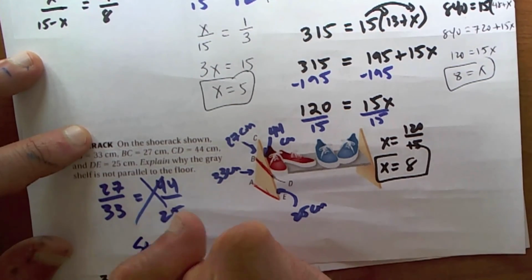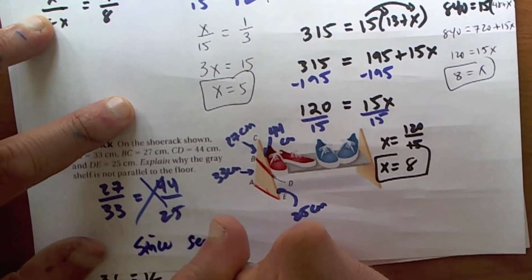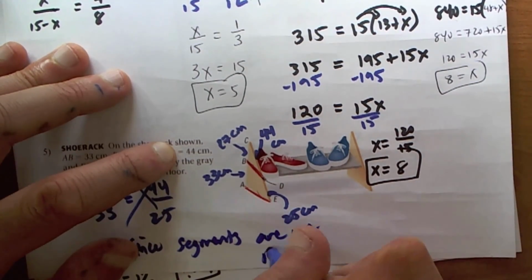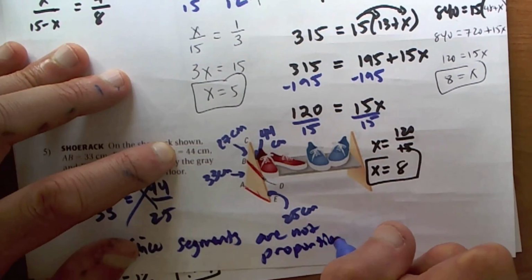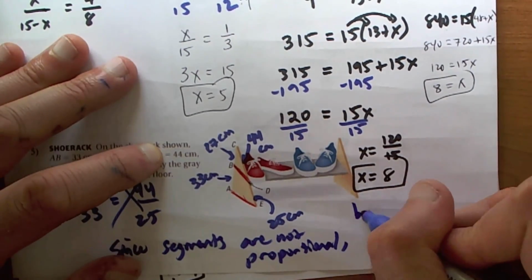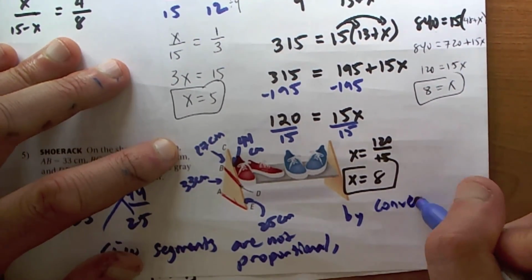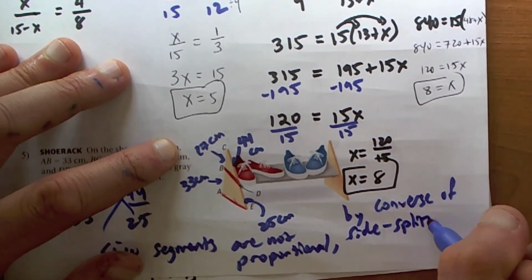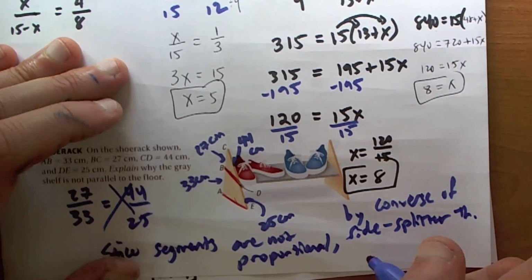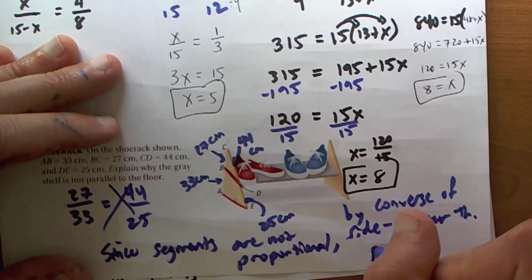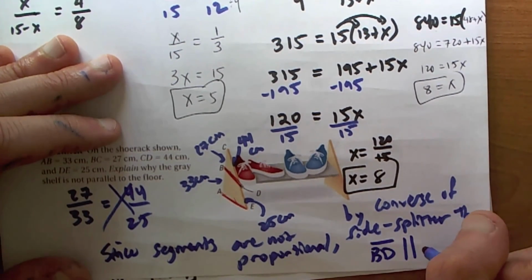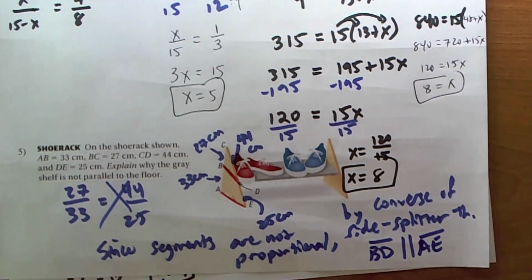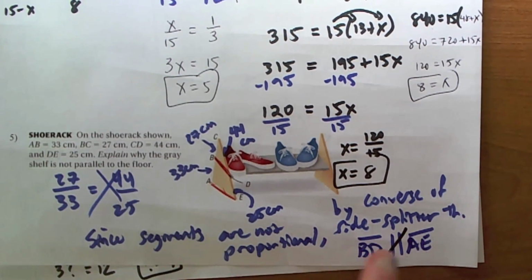So we could say since the segments are not proportional, by the converse of the side splitter theorem, BD is not parallel to AE. I'm going to write not in the black one. Not. BD is not parallel.